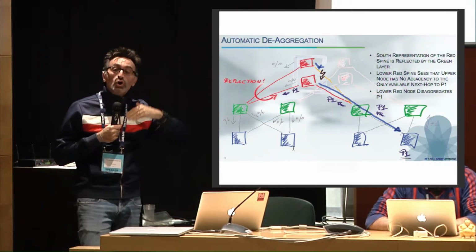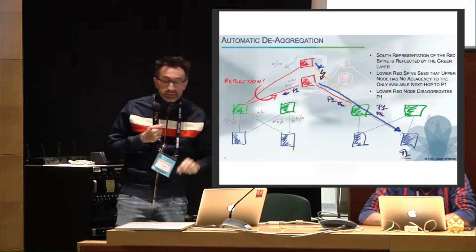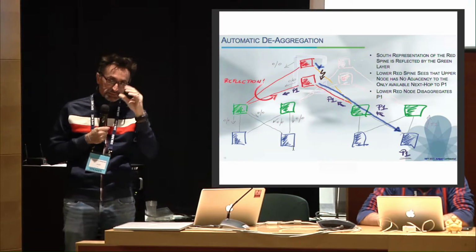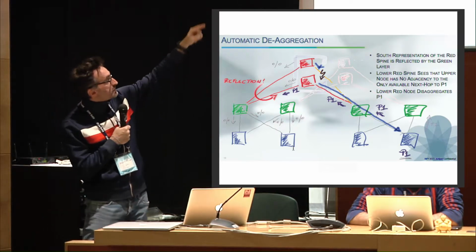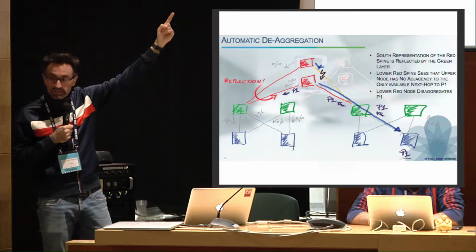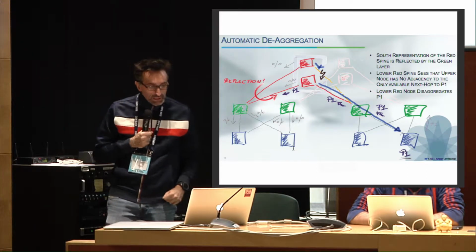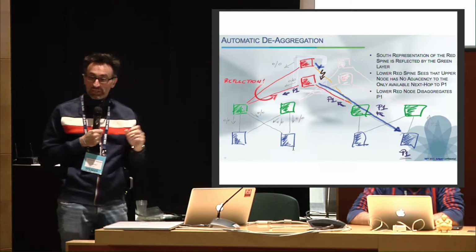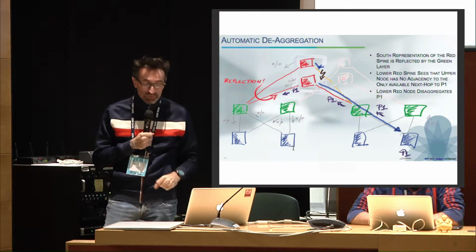In the northbound direction, the prefix TIE, which is like an LSA which contains the prefix, is flooded up to the highest topology level. But then, as I said, to the south, only the default route is advertised.